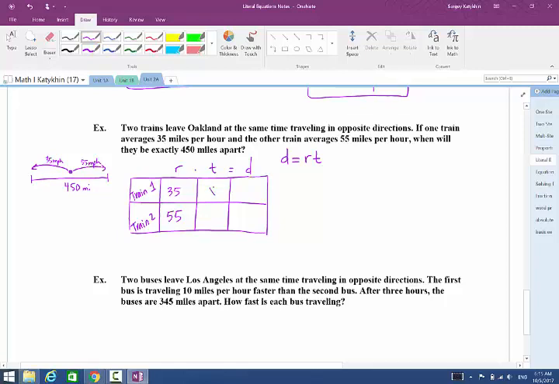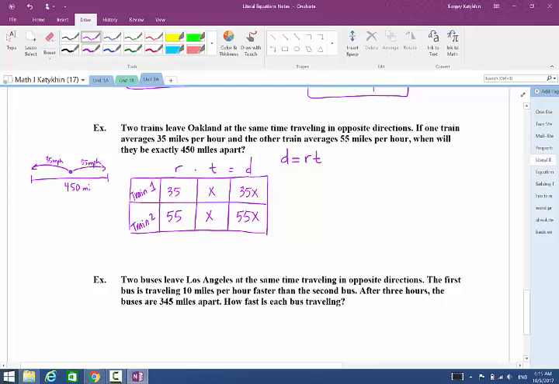So that is our unknown. To get distance, we're going to take r times t. So take the r, which is 35, times t, which is x in this case, and 35 times x will be 35x. 55 times x will be 55x.